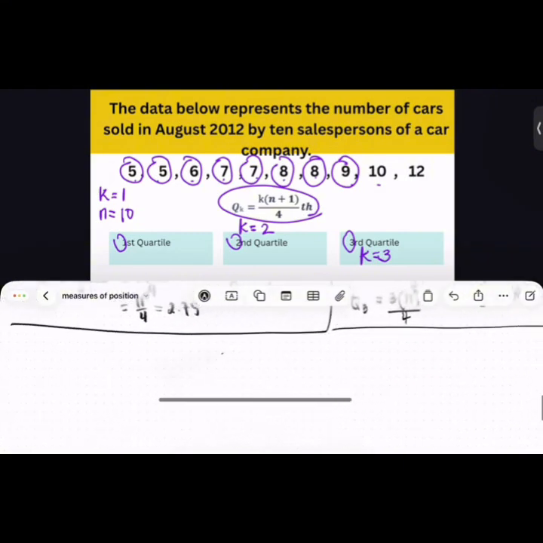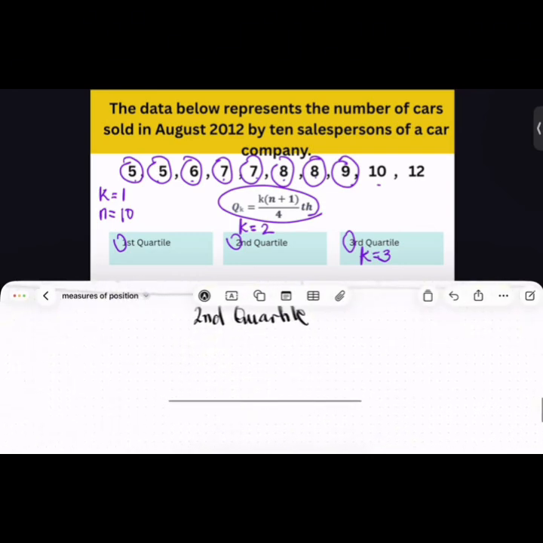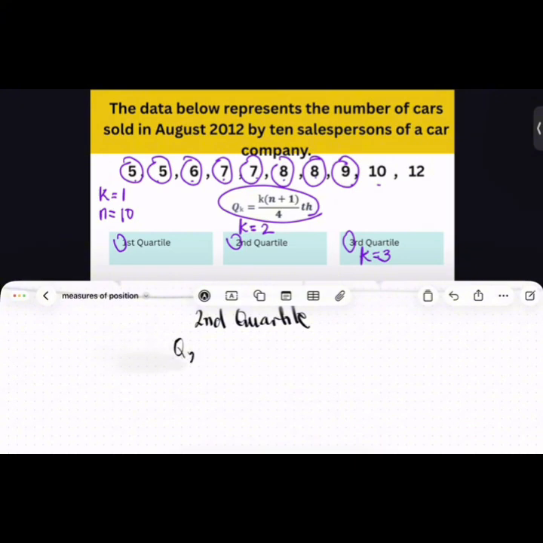so we are going to solve the second quartile. So for our second quartile, the formula that we're going to use is Q sub 2 or the quartile 2 is equal kay 2 times n plus 1 over 4. Now proceed with substitution. Quartile 2 is equal kay 2 times n is 10 plus 1 over 4.